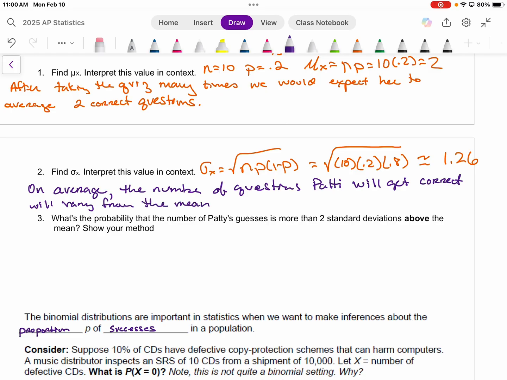Remember, just like in the earlier stuff in this chapter, go ahead and state what the mean is. The mean of 2 by about 1.26.